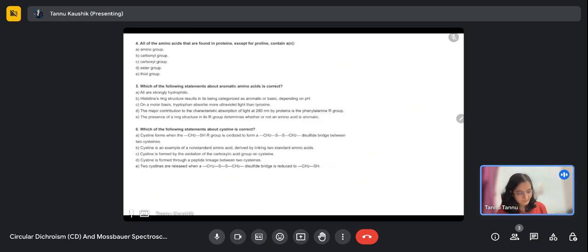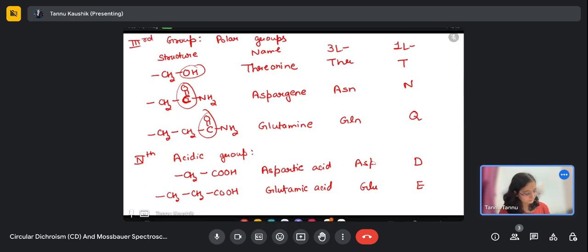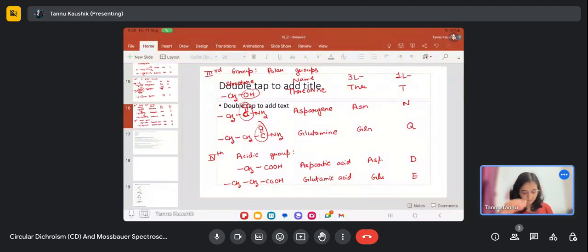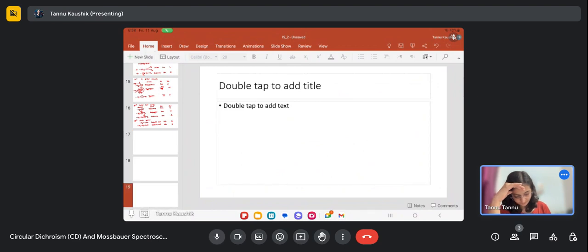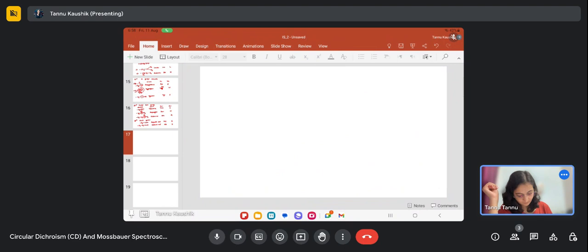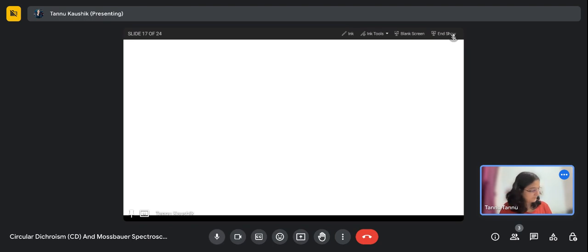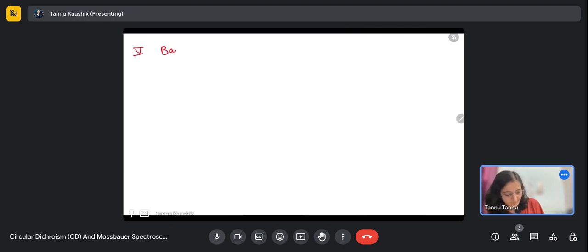Then we have basic groups. Basic groups, structure, name, three letter code, and one letter code.